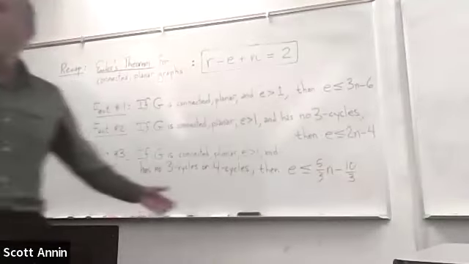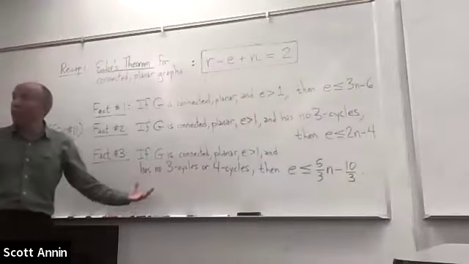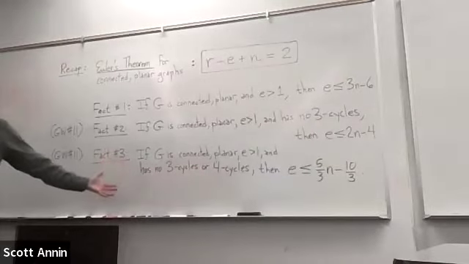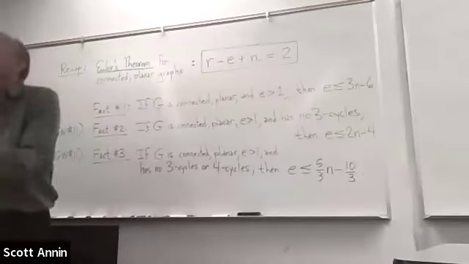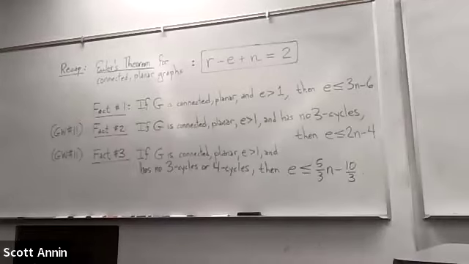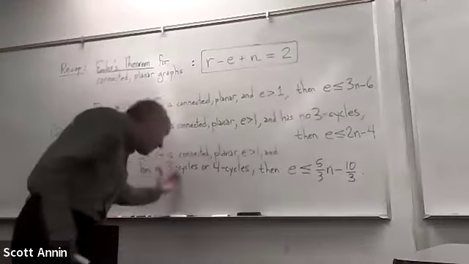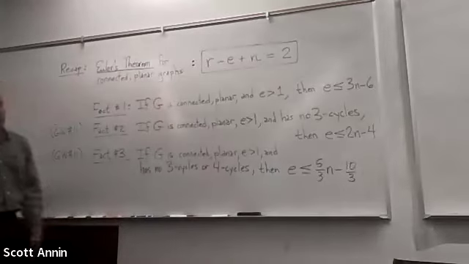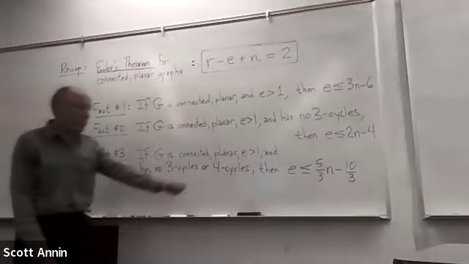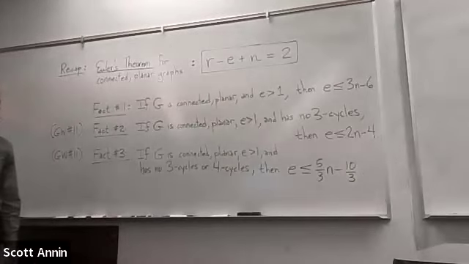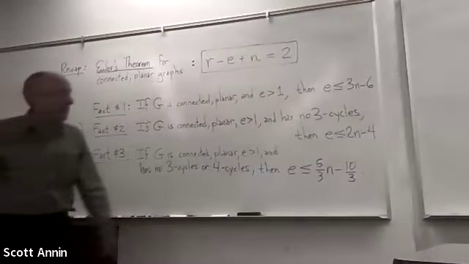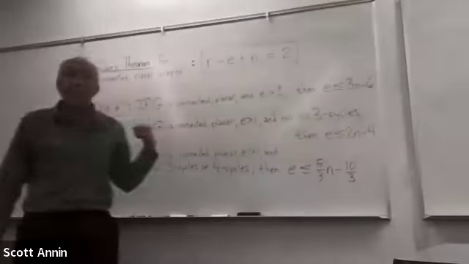So of course, this will be applicable to far fewer graphs because there's not as many graphs that are going to avoid having 3 cycles and 4 cycles. But if we happen to have a graph that does not have, by inspection, any 3 cycles or 4 cycles in it, then we can really tighten down the number of edges that we maximally could have if the graph was going to be planar.